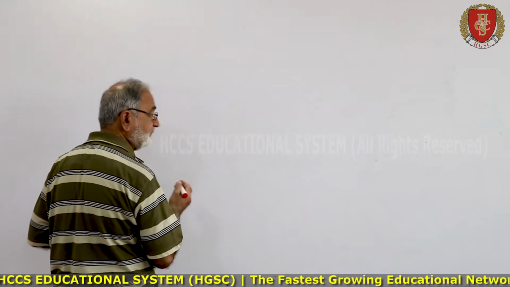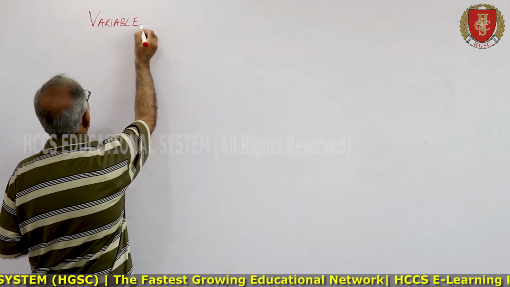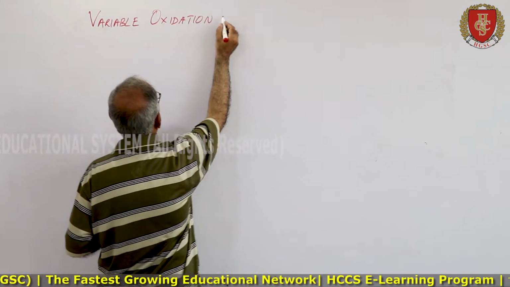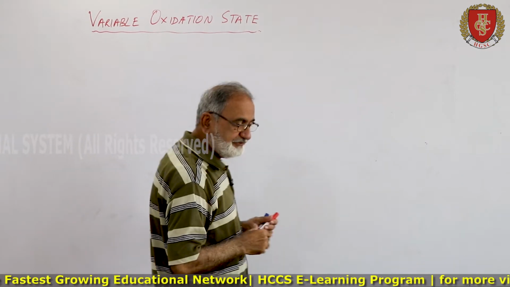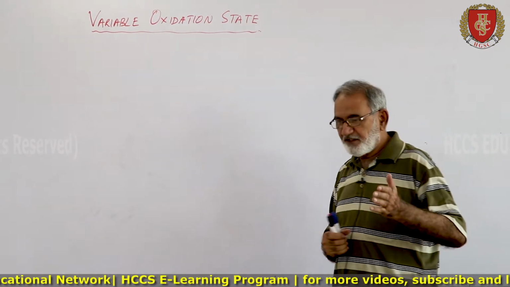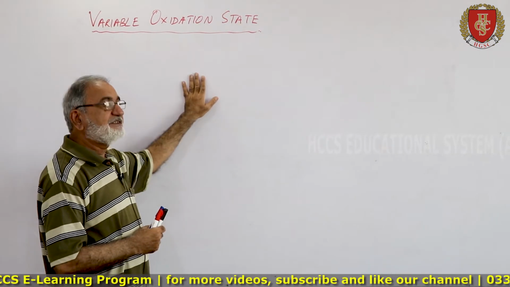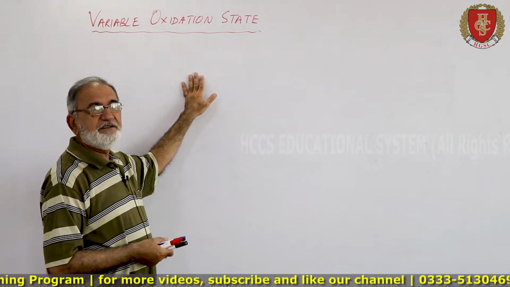Now we come to another feature, that is variable oxidation state. Oxidation state is the apparent charge, whether positive or negative, which an atom would have in a certain compound.